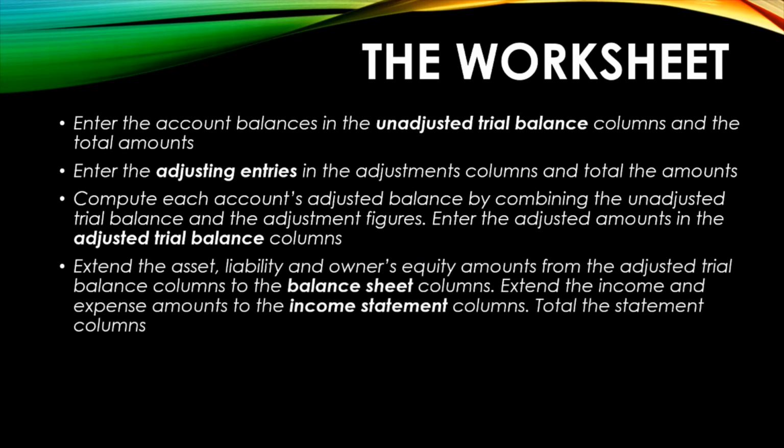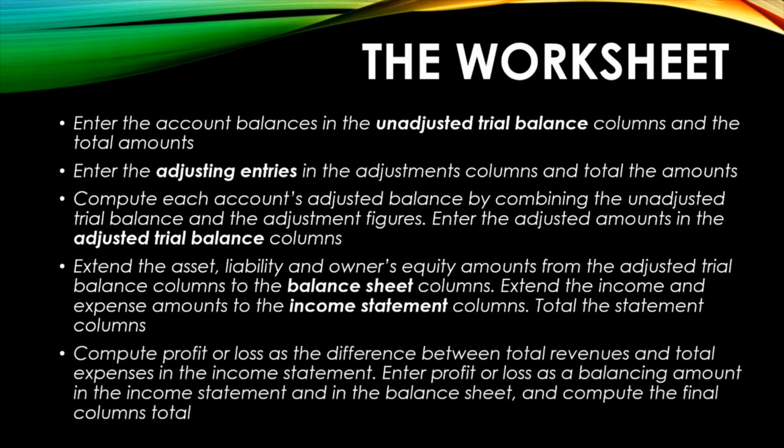Then extend all the real accounts, the asset, liability, and owner's equity account titles, to the balance sheet columns, while the income and expense accounts, the nominal accounts, are extended to the income statement columns. Then we total the debit and credit columns. And lastly, compute the profit or loss.